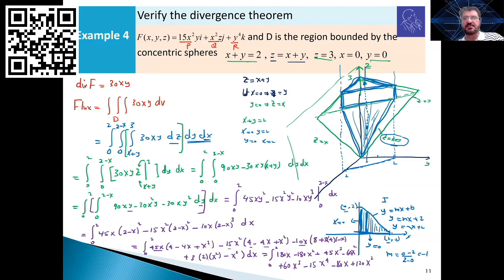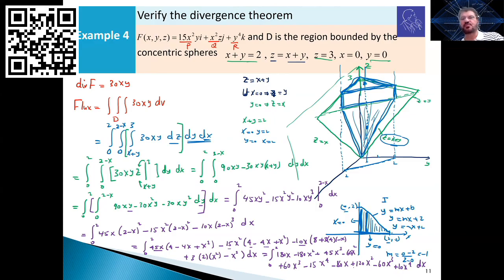This is 6 times 10, minus 60x cubed. And the last one, minus is a plus 10x to the 4, and all of this dx.